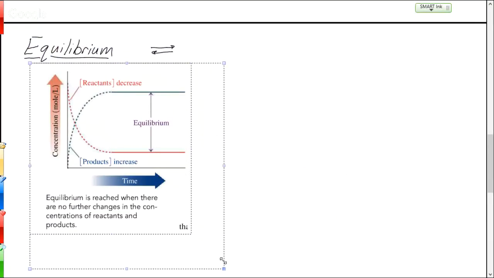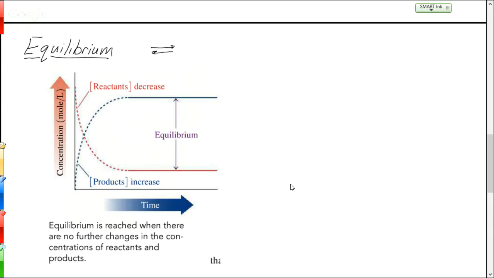Take a look at this graph. What this is showing is what's happening to the concentration of the reactants and the products as the reaction goes on. In this case, the red line here is the reactants, and the blue line here is the products. Those little brackets mean concentration.